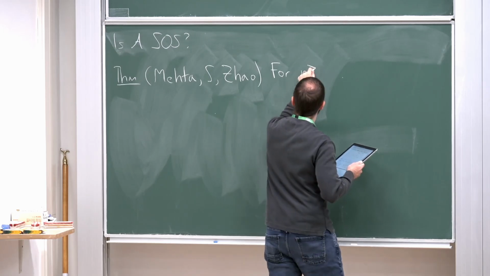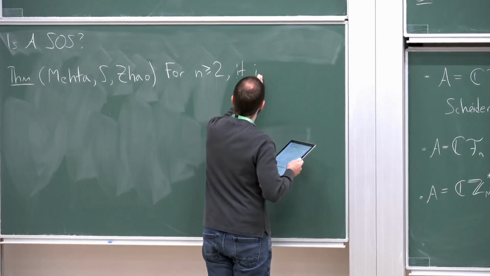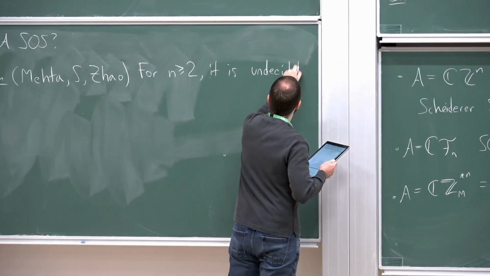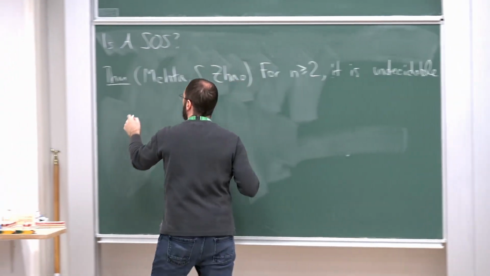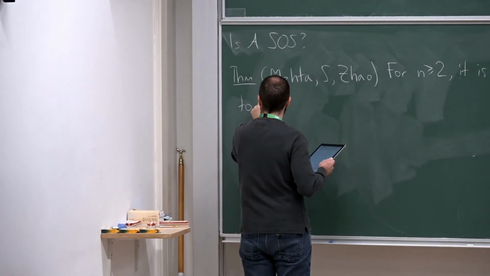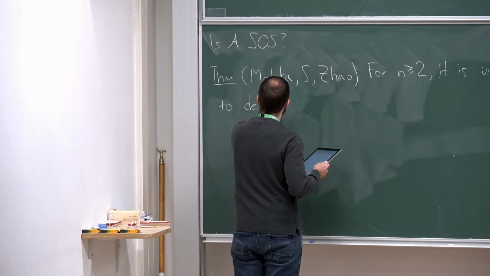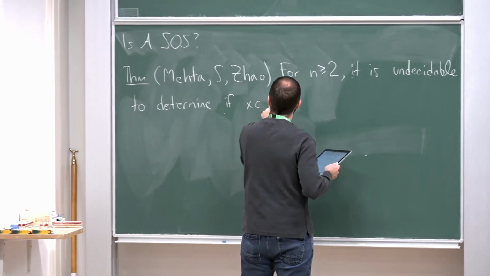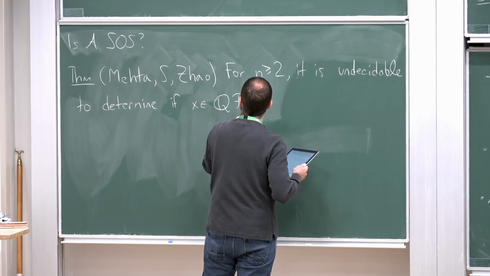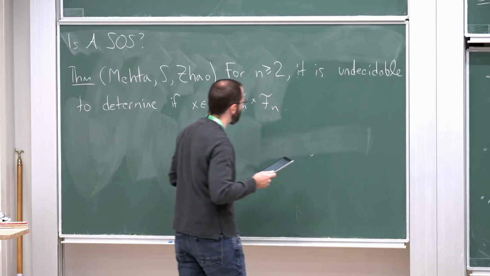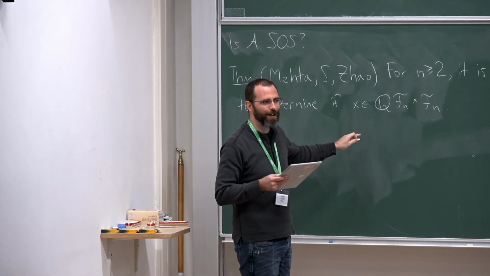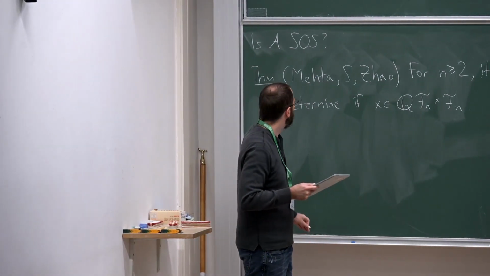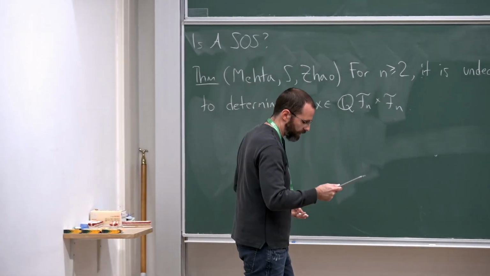For n greater than or equal to 2, it is undecidable to determine if a given element, okay, I said C before, but if we really want to pass it into a computer, we're still going to have a problem with complex numbers. So let me make it even more specific, rational coefficients for a group algebra. So it's undecidable to determine if a given element in this algebra is positive.